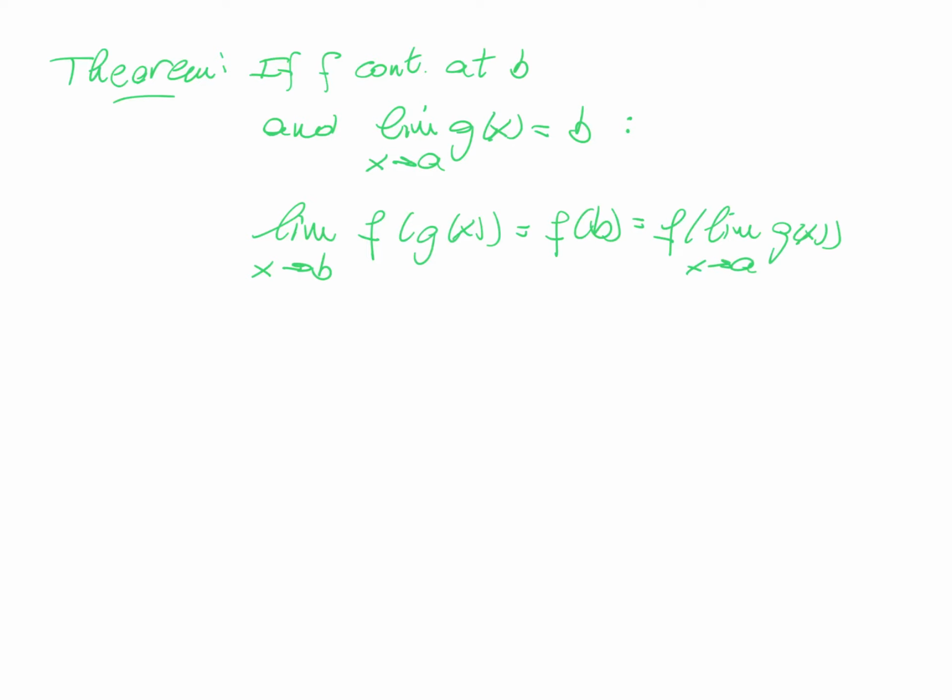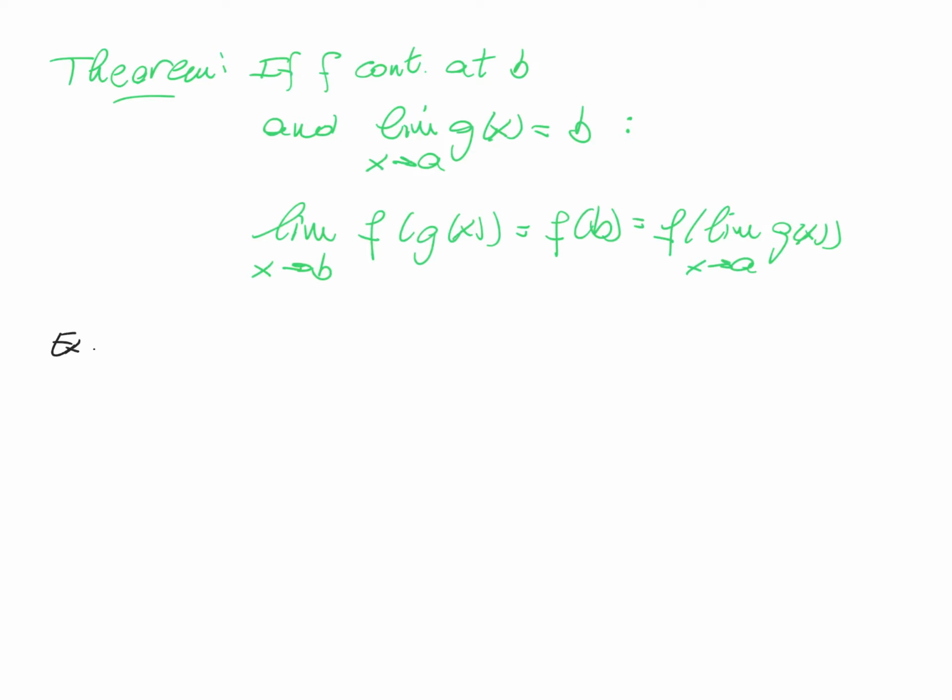So if we have the limit of a composite function, then it is also the outer function of the limit of the inner function, but only if this outer function is continuous. So f must be continuous for this statement to hold.